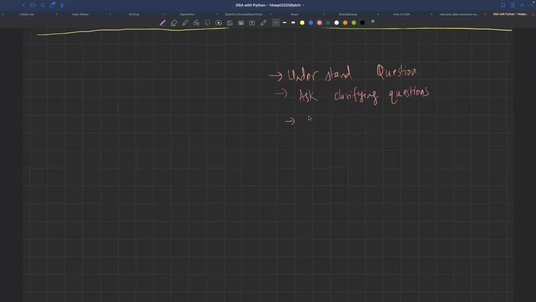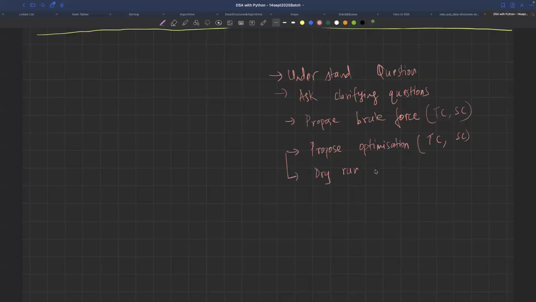Then you have to propose brute force. Then you have to talk about time complexity and space complexity of brute force. Then you have to propose optimization. Then for the optimization, you have to do time complexity and space complexity. Then you have to do a dry run on 2 to 3 examples.